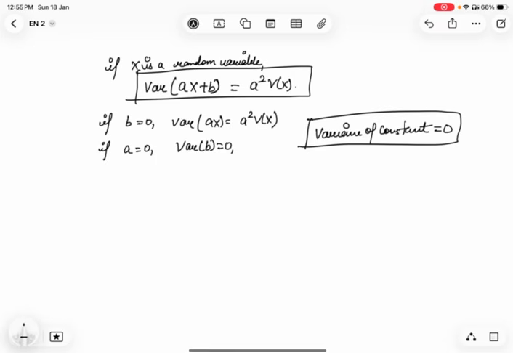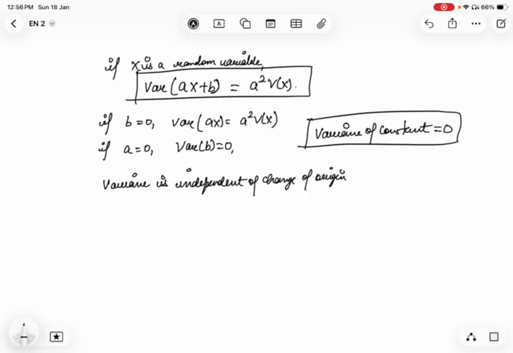An important point is that variance is independent of change of origin, but it is dependent on change of scale, because these questions can be asked in the CUET and JAM for the 1 mark stat.